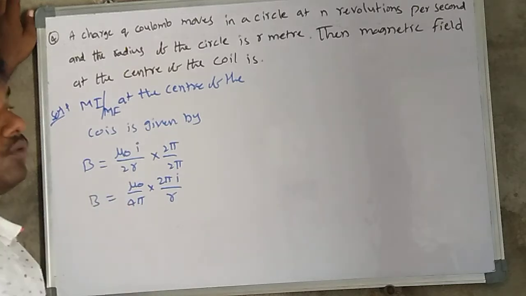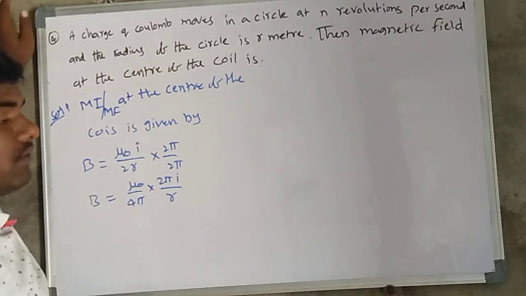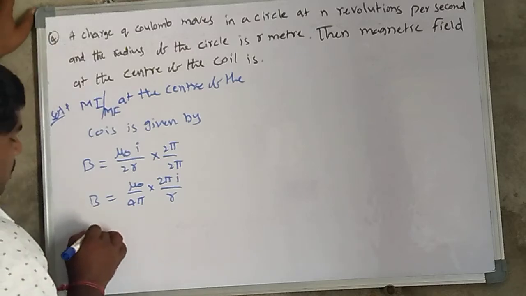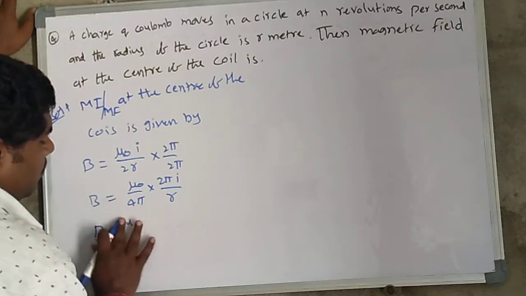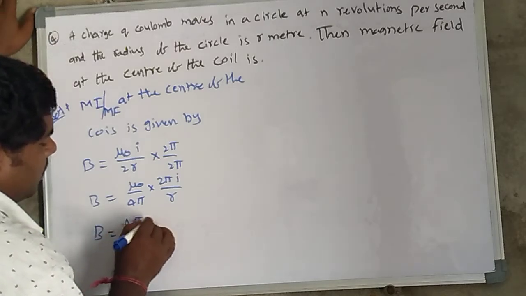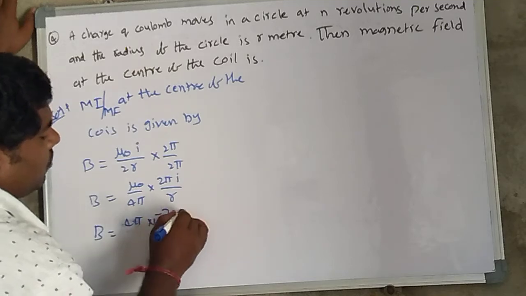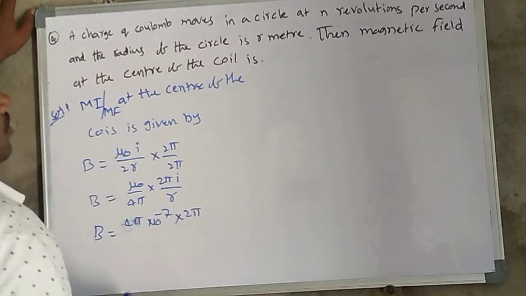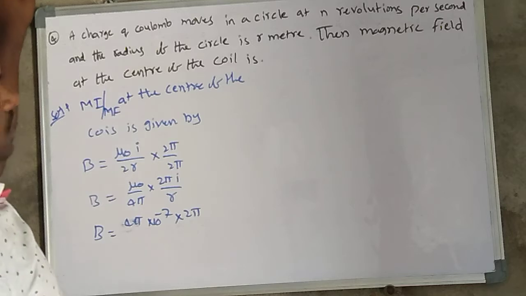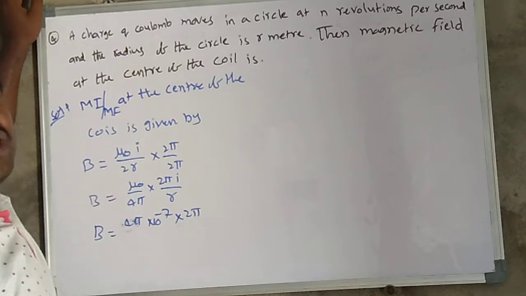Mu naught is 4 pi into 10 to the power of minus 7, so substituting, B is equal to 4 pi into 10 to the power of minus 7 into 2 pi. According to the current statement, I is equal to dq by dt.